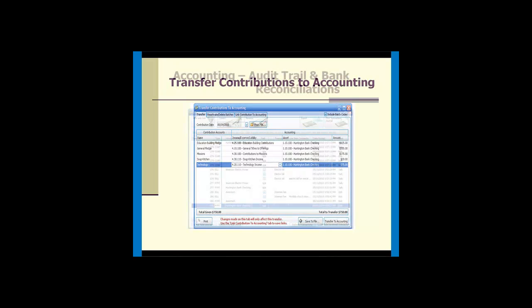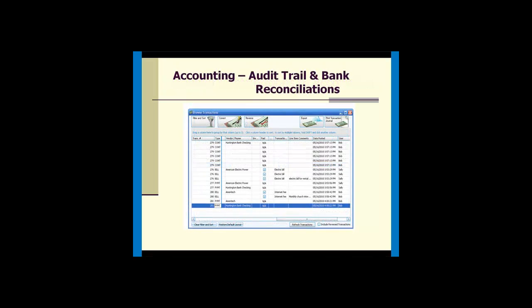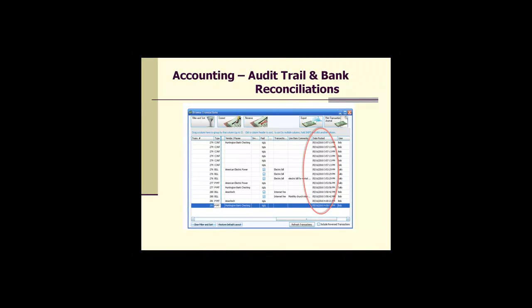The next screen I want to show is the new Audit Trail in our Browse Transaction screen. You can see all the activity that was conducted and the different types: contribution, bills, and payments. And then over here there's a column for date posted and the time, and then user, and that's by login.